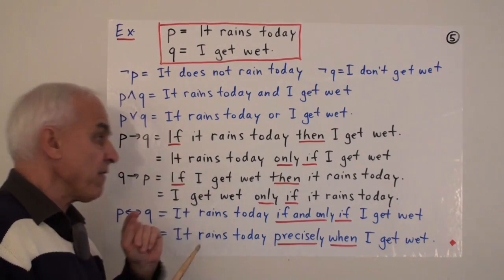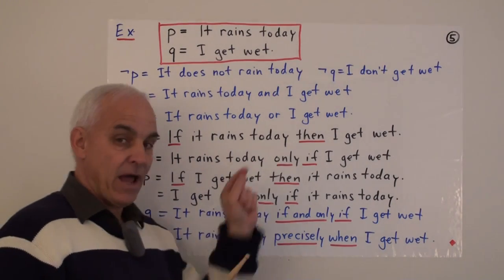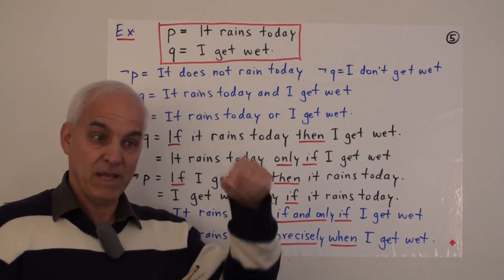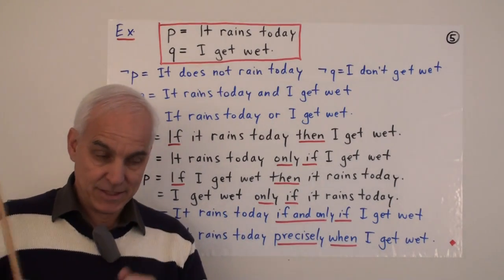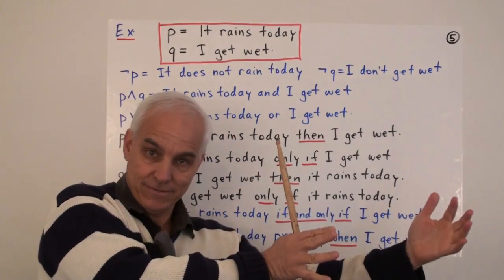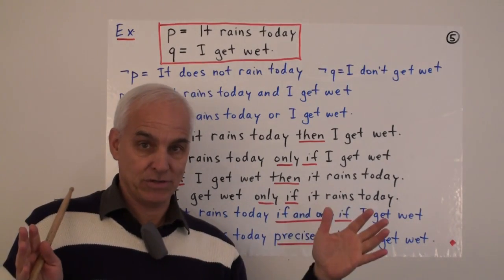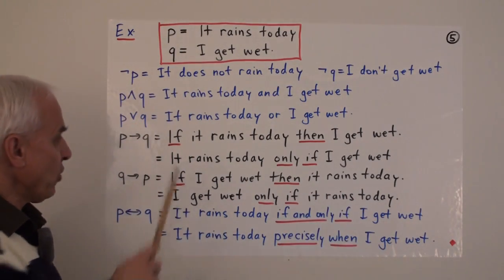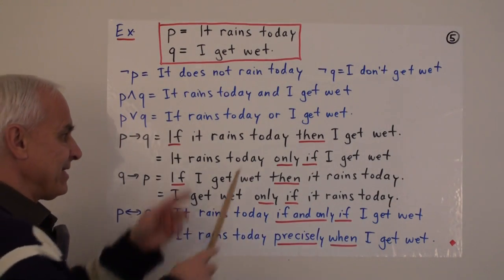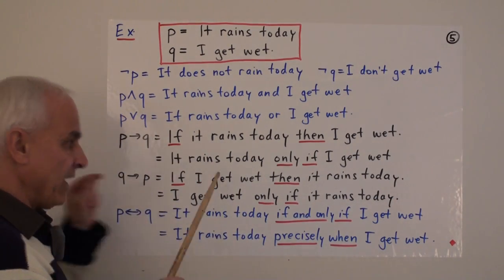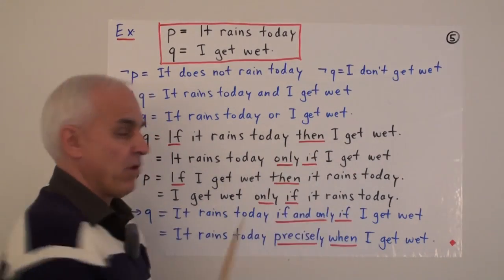Generally, when you see an if, further down the sentence, there should be a then to match up with it. So if this, then that. That's the basic construction. So if it rains today, then I get wet. Telling us that this proposition implies this proposition.